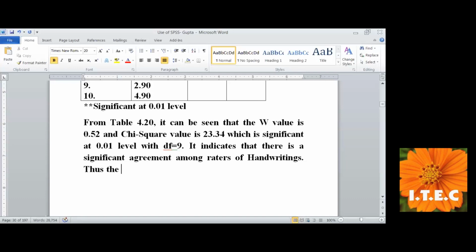Thus, the null hypothesis that there is no significant agreement among raters.